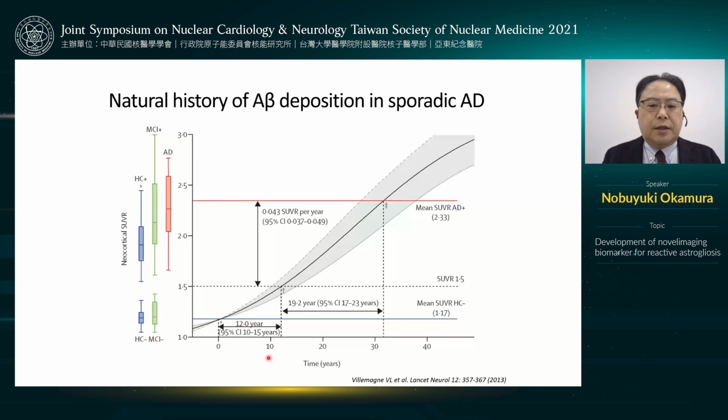It was estimated to take 12 years from the normal level to the threshold of amyloid PET positivity, and it then takes another 20 years to go to the average level of amyloid deposition in established AD patients. As the disease progresses, the rate of A-beta deposition starts to slow, trending toward a plateau.